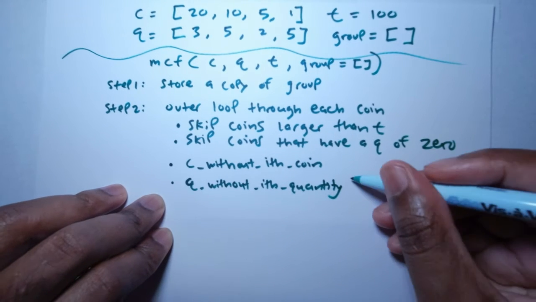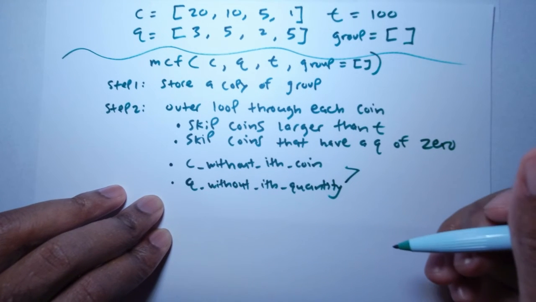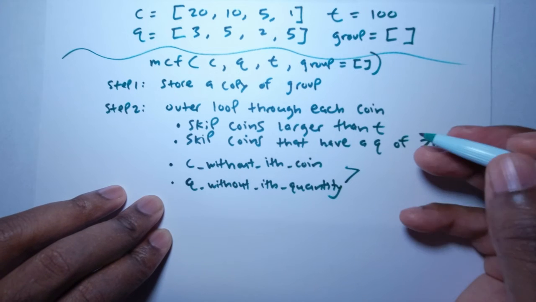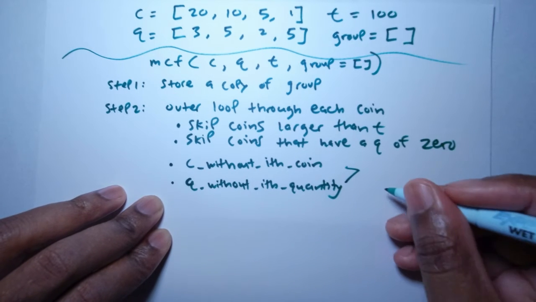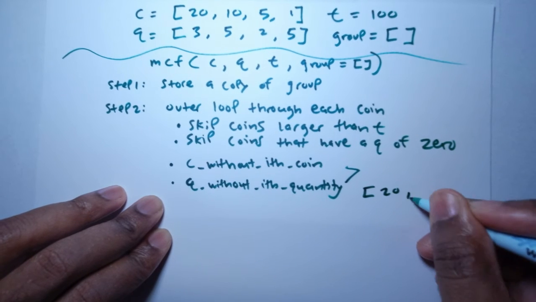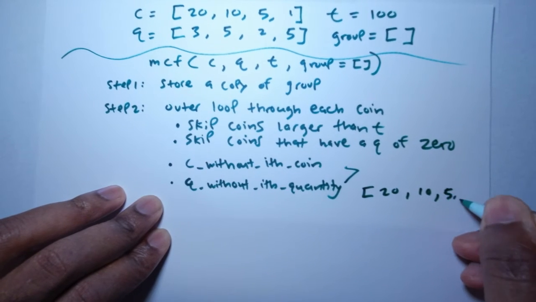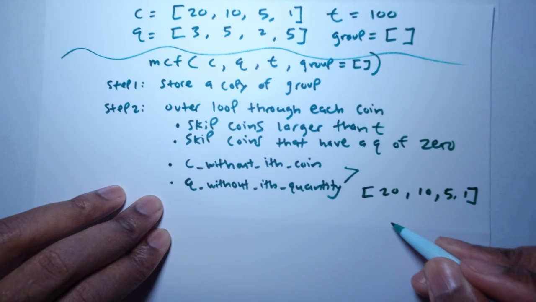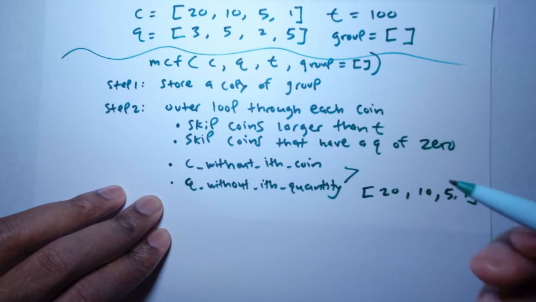I know at this point, some of you may be wondering, why do we have this? What's the purpose? I'm going to get into this later, but let's say that originally we have coins of 20, 10, 5, and 1. Again, we're using recursion here, so we have to do decomposition, which makes the problem simpler and simpler.